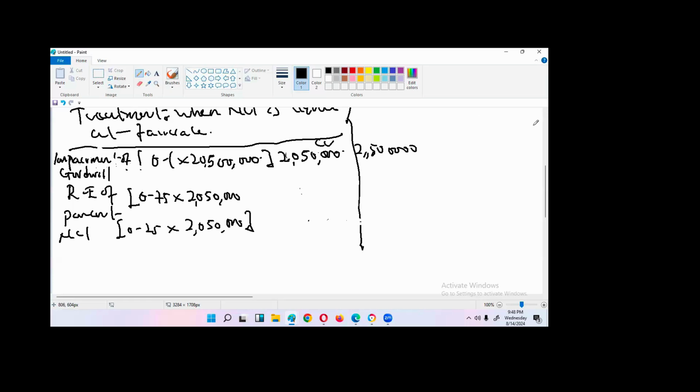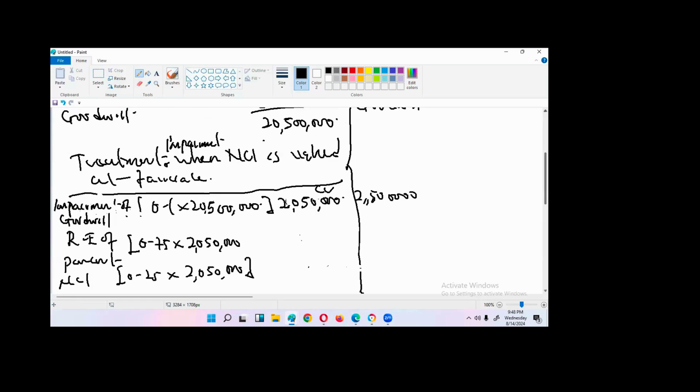So if you look at the question now, if I remove the impairment of 2050, this will give me the remaining fact. You can minus it there.